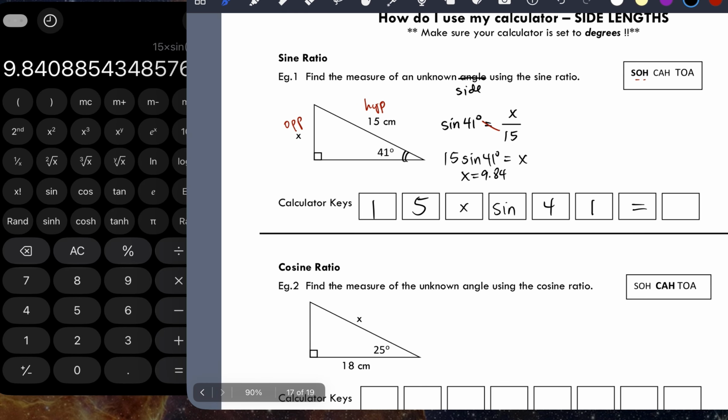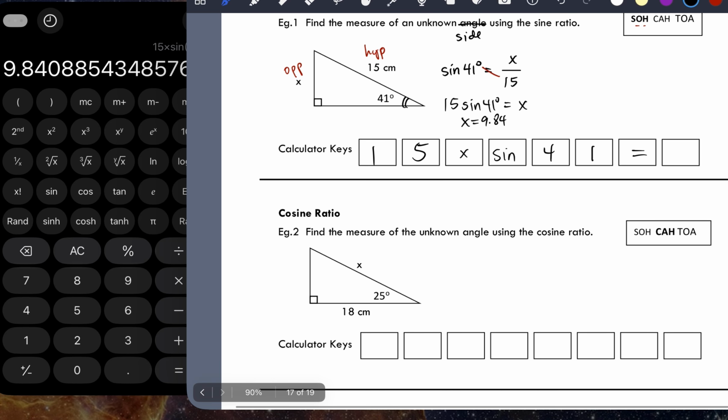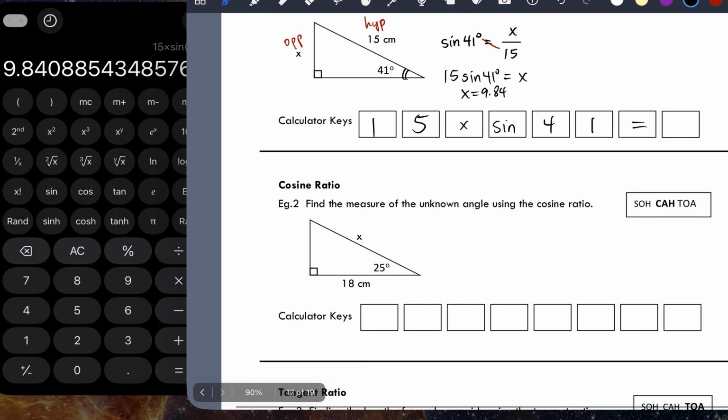Okay, and some calculators you might have to do the sine ratio first, 41, then press sine, and then multiply that answer by 15. Okay, so see me if you have difficulty with your calculator.